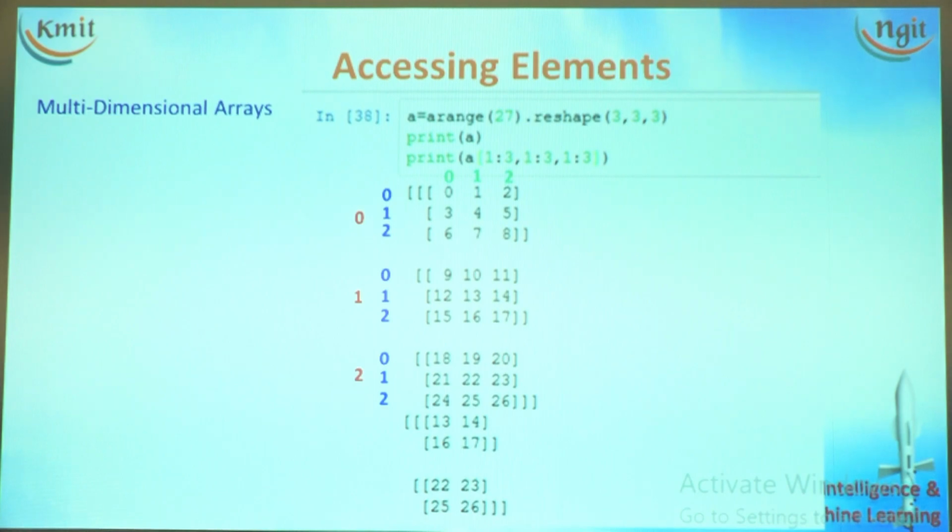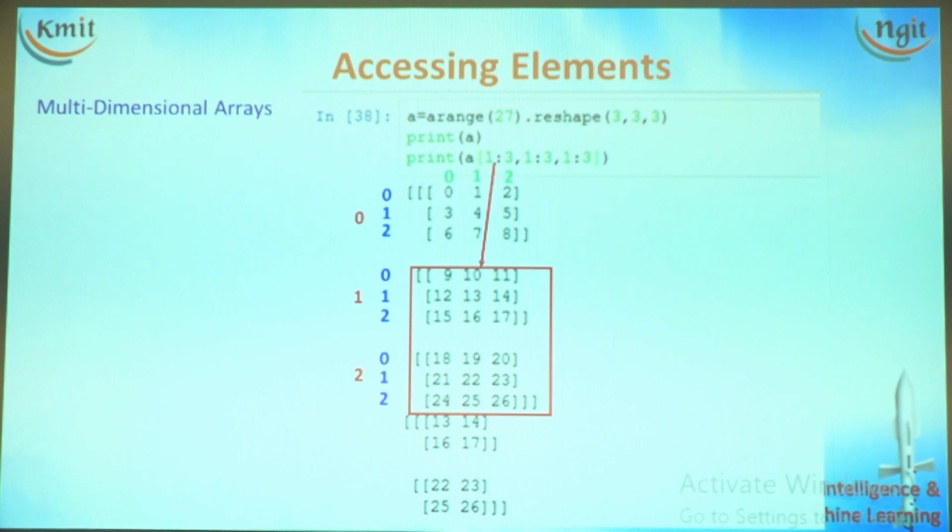Clear everyone? Yeah? So if I want to print A of 1:3, 1:3, 1:3, what is that giving me? 1:3 on the first side is giving me what? Okay, what is it giving now? Please tell.